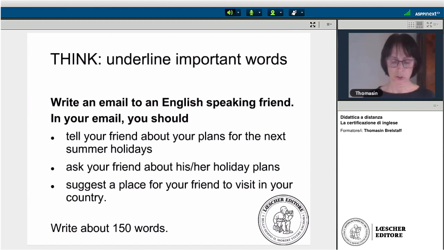Which are the important words that you need to underline? So if you'd like to type your suggestions, your ideas in the chat box now. So just choose a couple of words in this task which you think are keywords and type them into the chat box.